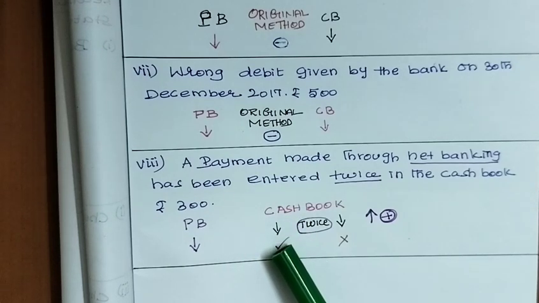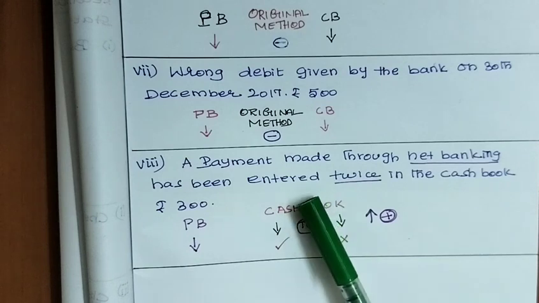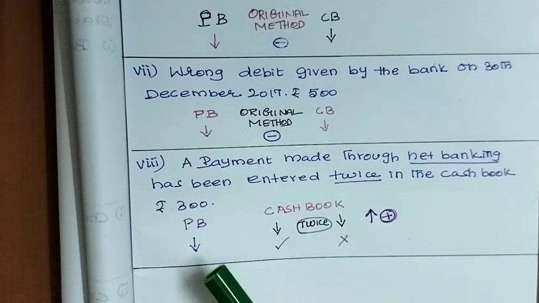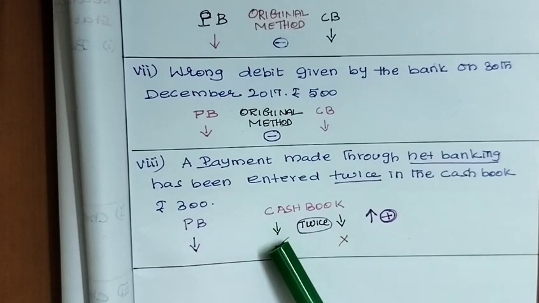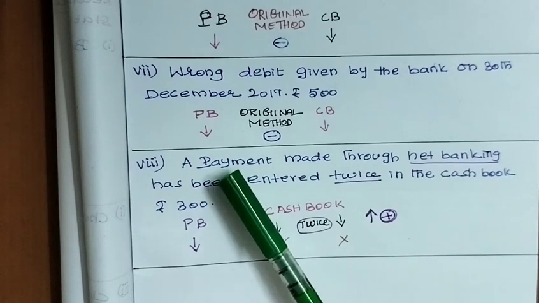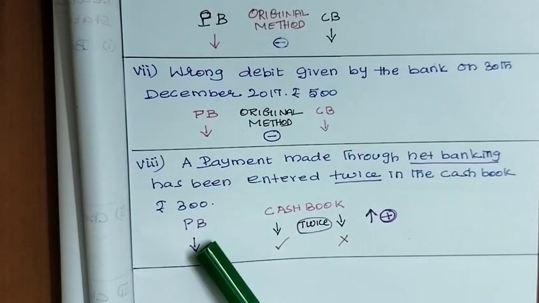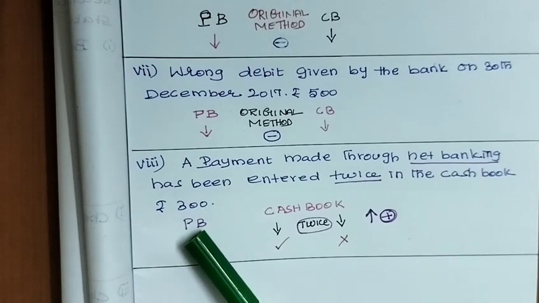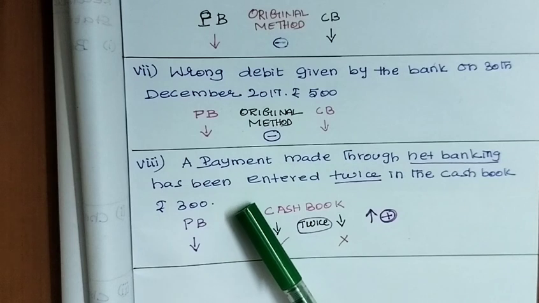Okay, 300 rupees decreased in the customer's cash book. But it was entered twice. The first time is right, because according to the passbook decrease, the cash book will be decreased. Okay, as per the original method, passbook 300 rupees decreased because the bank made the payment through net banking. Whenever the passbook decreases, as per the original method, the cash book also decreases.